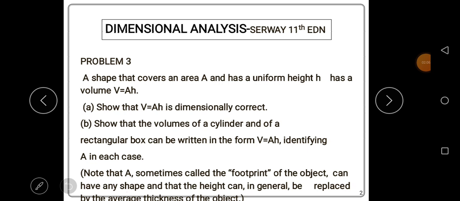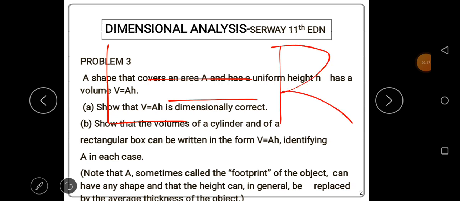So for the equation to be dimensionally correct, the left hand side and the right hand side need to be equal. The dimensions of the left hand side and the dimensions of the right hand side need to be equal for the equation to be dimensionally correct.